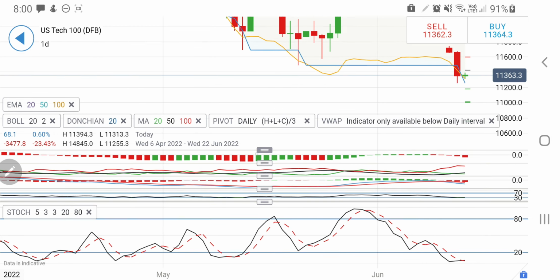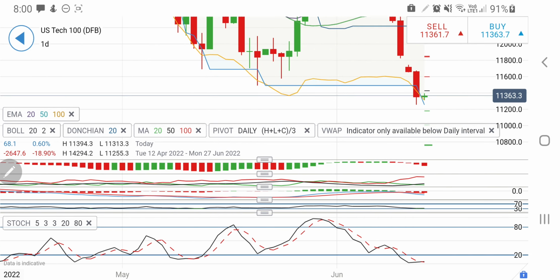So possibly as long as today it trades above 11300 one can remain long, and my target is 11400, 11440. This will possibly get achieved, and beyond that we may see 11500 and 550 levels. Till 11600, almost at every 50 points, 40 points it has got resistance.